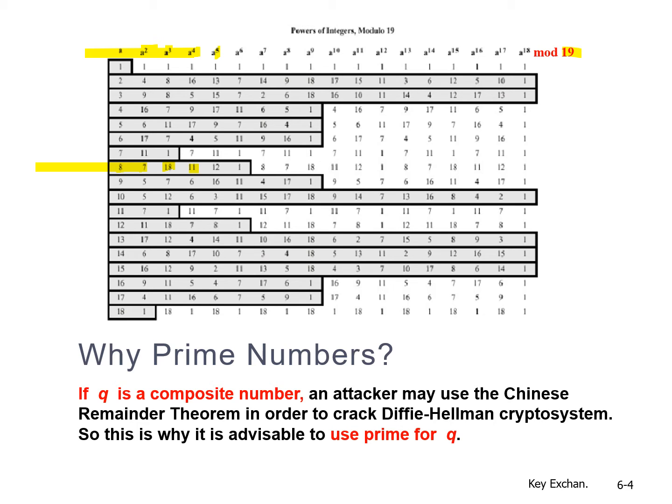Alpha to the power of 6 mod 19 results in 1. But this one does not show all the integers between 1 and 18.